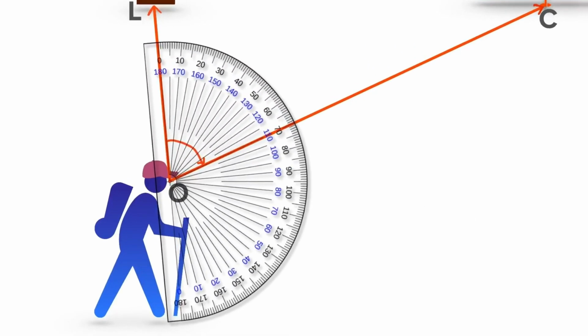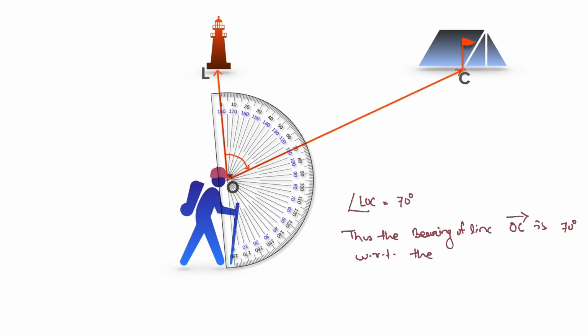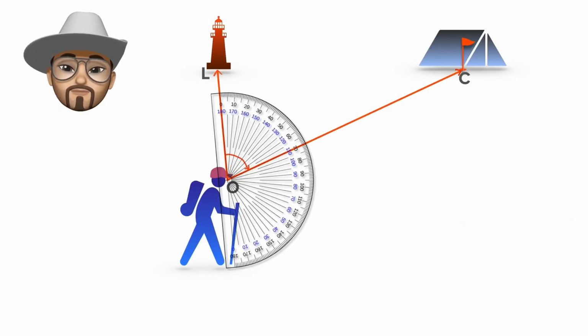So we will place the protractor 0 degree at the OL line and will measure the angle LOC, which is 70 degree. So we can say that the bearing of the line OC is 70 degree moving clockwise from the reference line OL. Now, bearing of a line is a horizontal angle that it makes with a predefined line of reference, also known as a meridian.